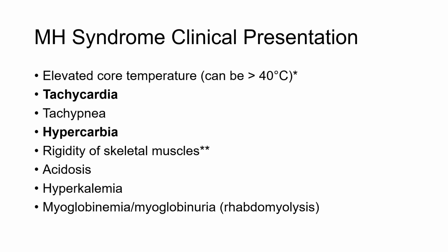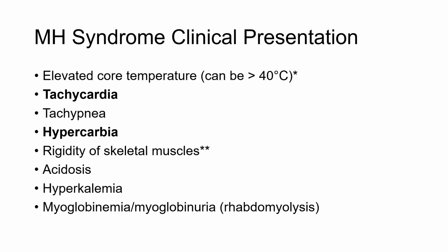The MH syndrome was first described in 1960 by Denborough and Lovell, two physician scientists. It is an inherited clinical syndrome that is characterized by elevated core temperature, tachycardia, tachypnea, hypercarbia, rigidity, acidosis, and hyperkalemia.